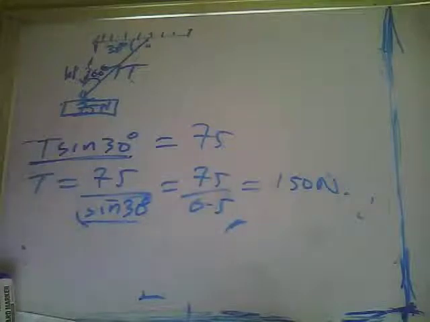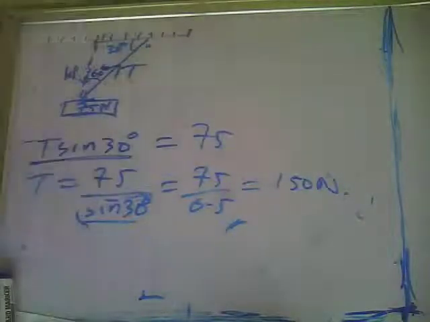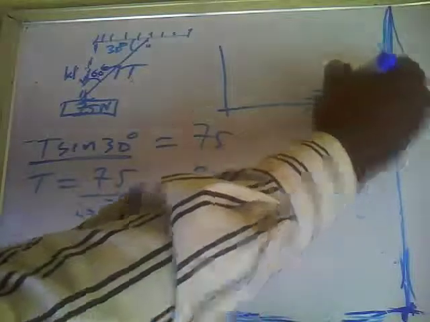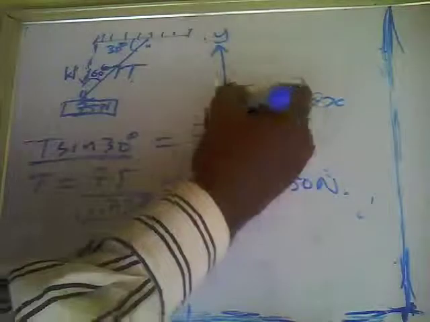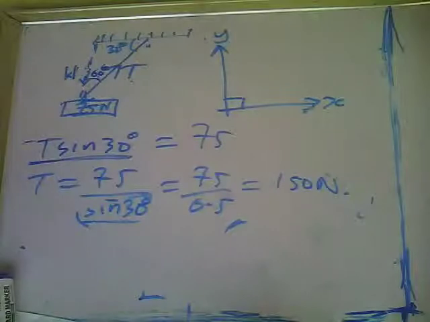When a vector is perpendicular to another vector, it does not have a component along the direction of that vector. We have x and we have y. The component of y along x is 0, and the component of x along y is 0, because they are perpendicular to each other.